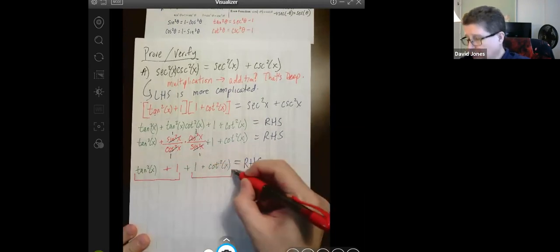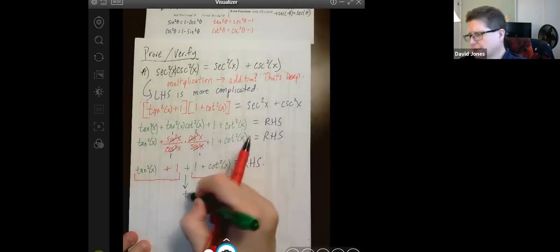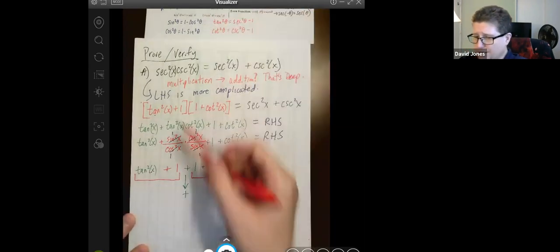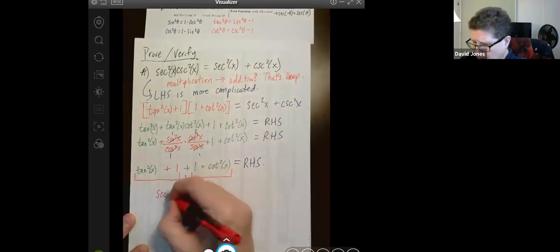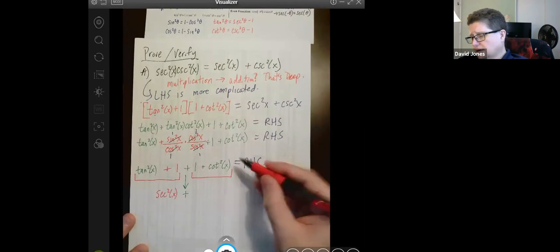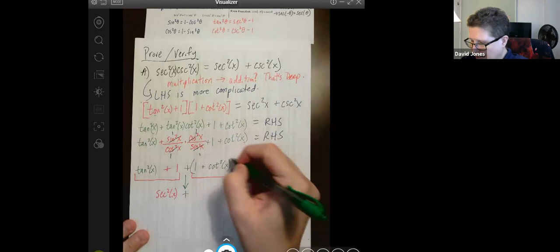I'm getting there. Let's bring that plus sign down in the middle. What's tangent squared x plus 1? Secant squared, we use the identity up above.